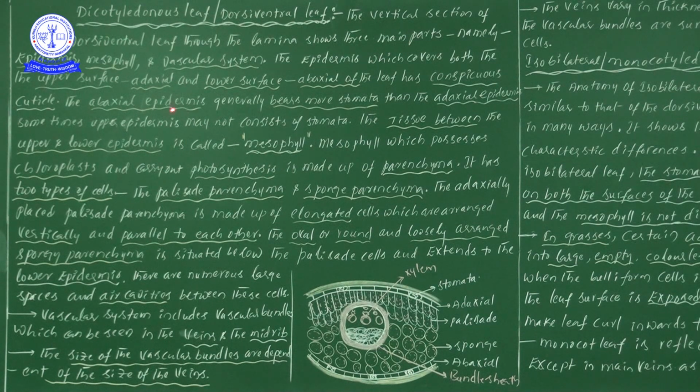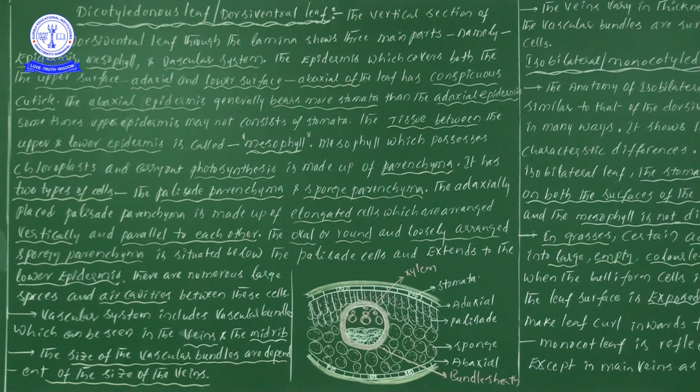Now the abaxial epidermis, which one are we talking about, lower or upper? Lower. Why? Because the abaxial epidermis generally bears more stomata than the adaxial epidermis. Simple information point of view, lower epidermis generally bears more stomata than the adaxial, meaning upper epidermis.